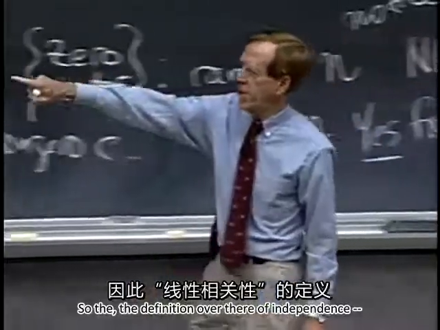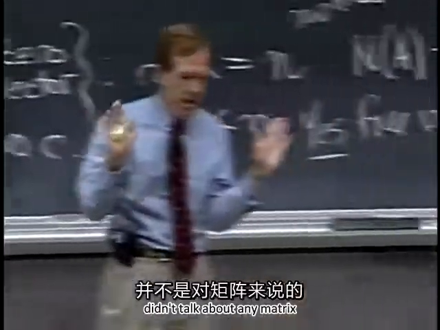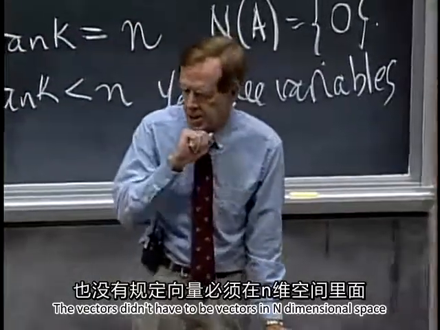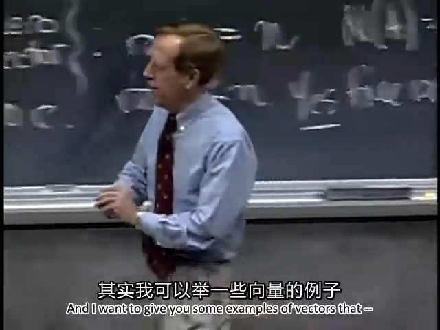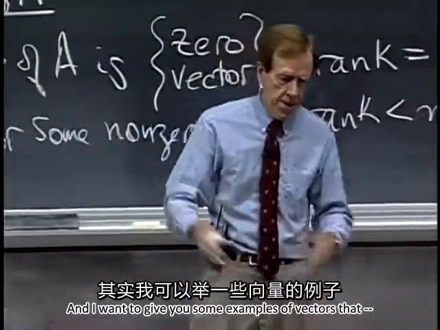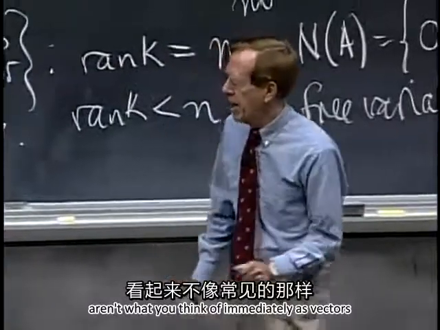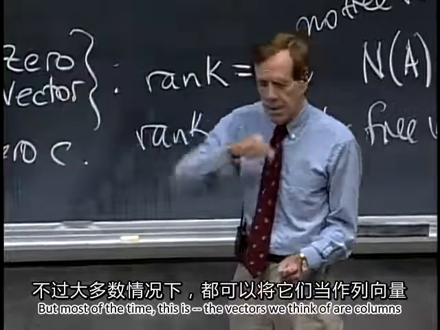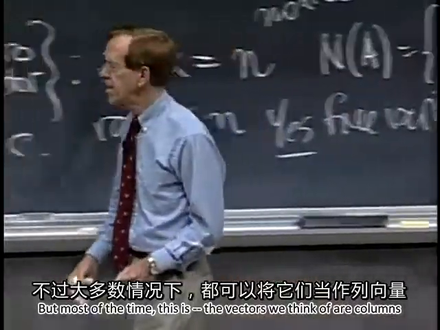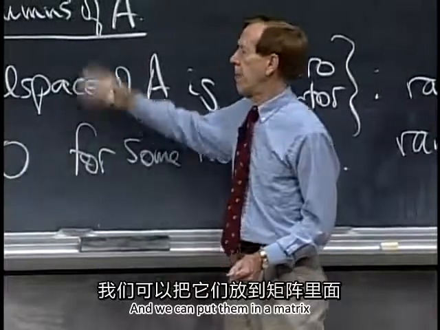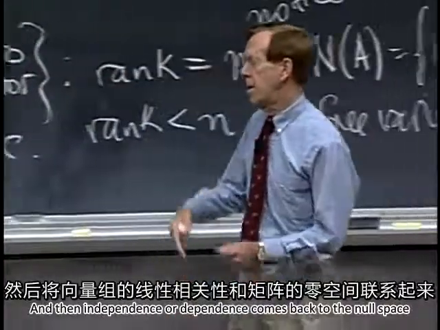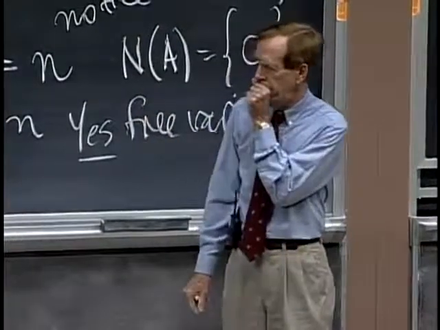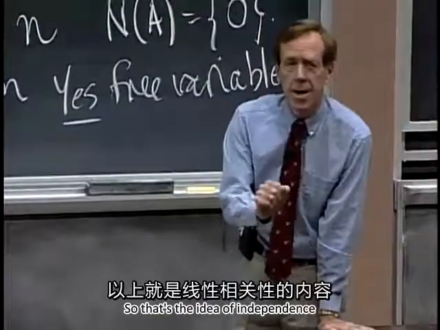The definition of independence didn't talk about any matrix. The vectors didn't have to be vectors in n-dimensional space. And I want to give some examples of vectors that aren't what you think of immediately as vectors. But most of the time, the vectors we think of are columns, and we can put them in a matrix. And then independence or dependence comes back to the null space. Okay, so that's the idea of independence.